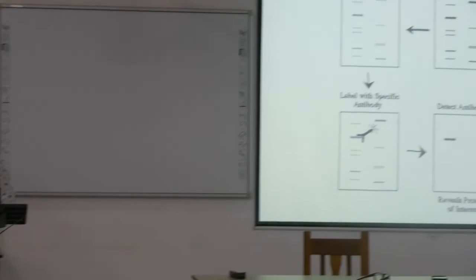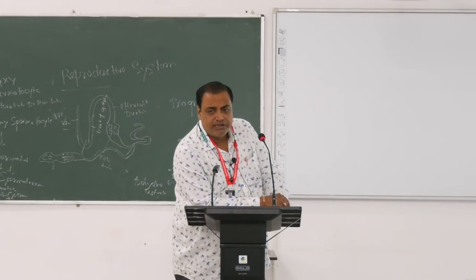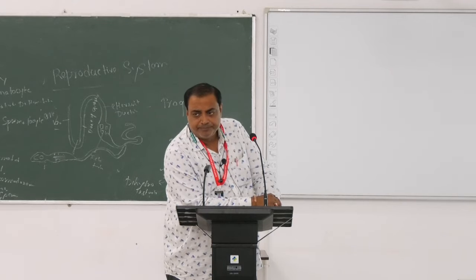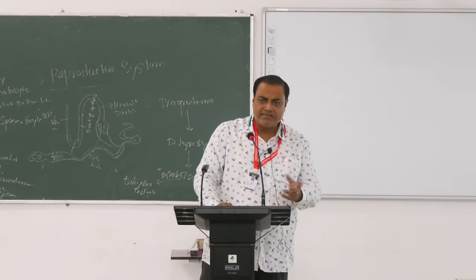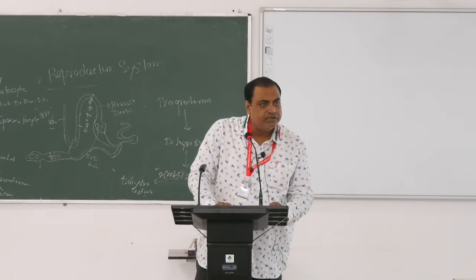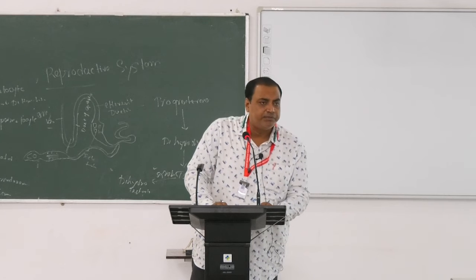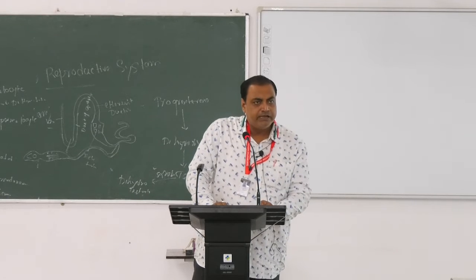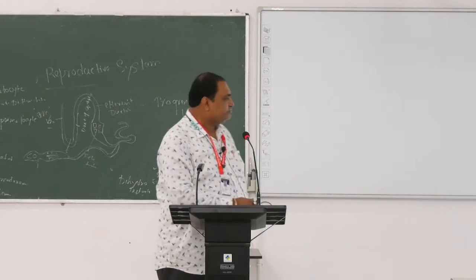To make it more simple, they directly added the enzyme here in the primary antibody. Fine. But in order to identify more precisely, we always use a sandwich method. Means antibody to that antibody, another anti-antibody. Okay, that gives us more precision.